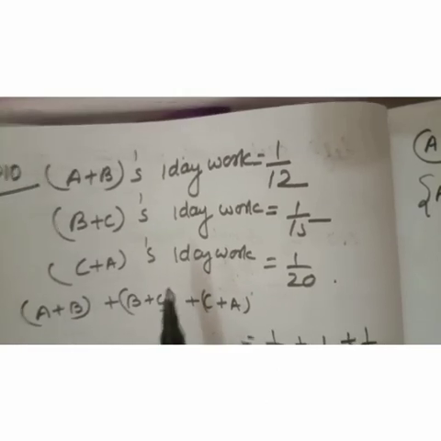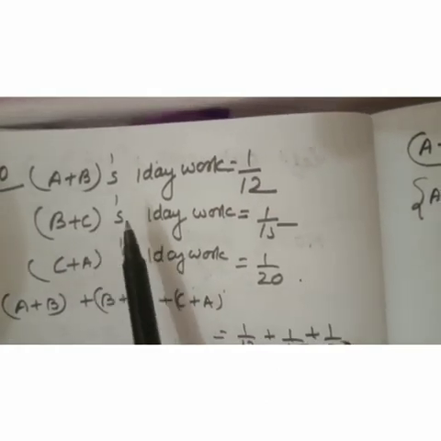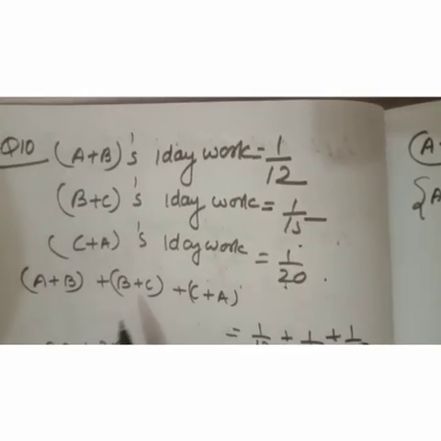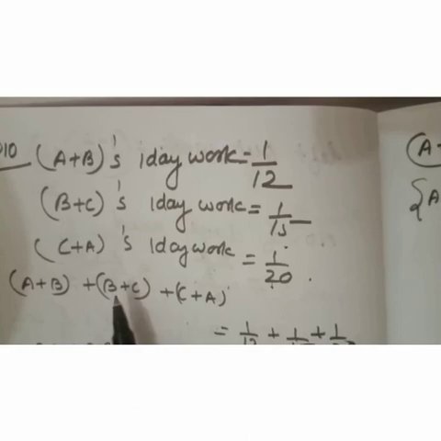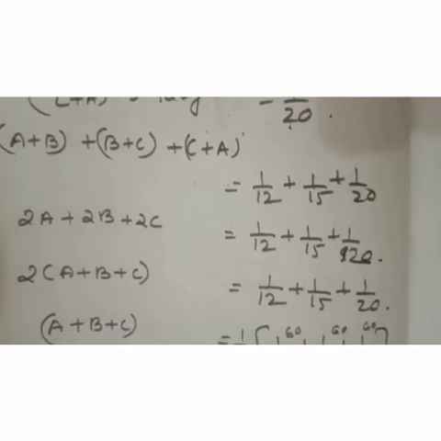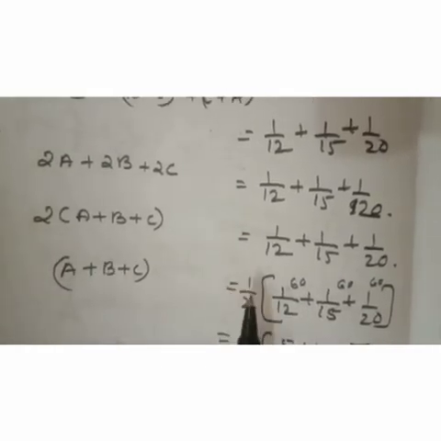Question number 10. A plus B's 1 day work is 1 by 12, given. B plus C is 1 by 15. C plus A is 1 by 20. Same as before, add A plus B, B plus C, C plus A. You get 2 times A, 2 times B, 2 times C. Take 2 common, and this 2 moves to the other side as 1 by 2.